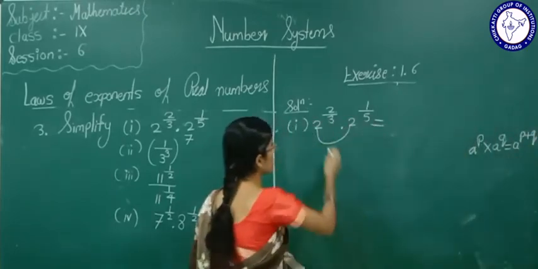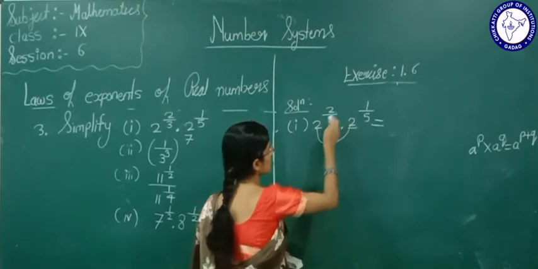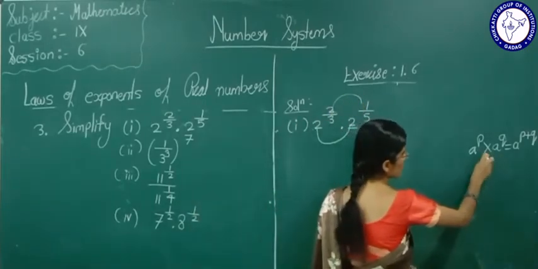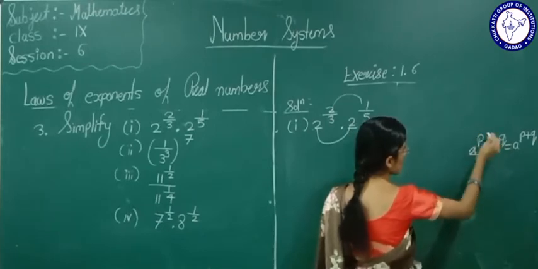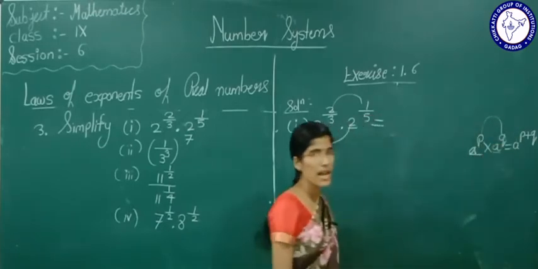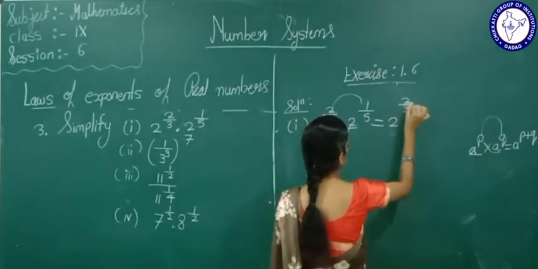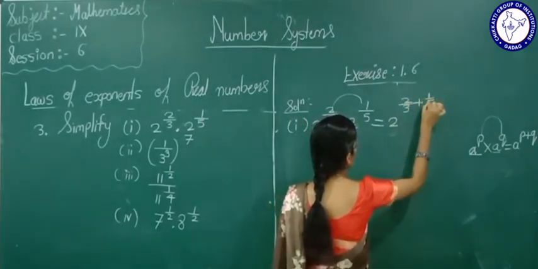Here bases are same, exponents are different. This law we are going to use here. Here a is a real number, p and q are rational numbers. That is 2 raised to 2 by 3 plus 1 by 5.